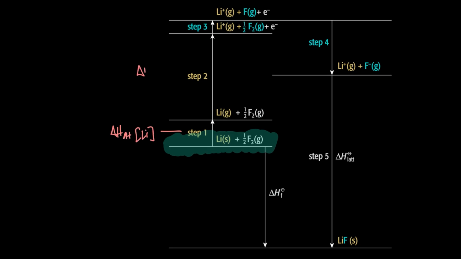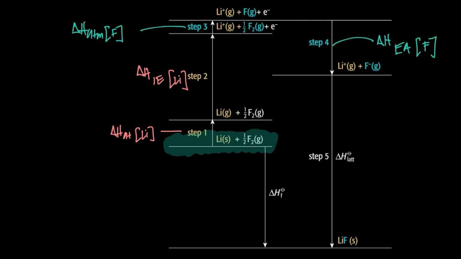Step 2 would have the ionization energy of lithium. Step 3 would be the atomization of fluorine. Step 4 would be the delta H electron affinity of fluorine. And step 5 is the lattice energy, which is what we have to find. And step 6 is delta HF.